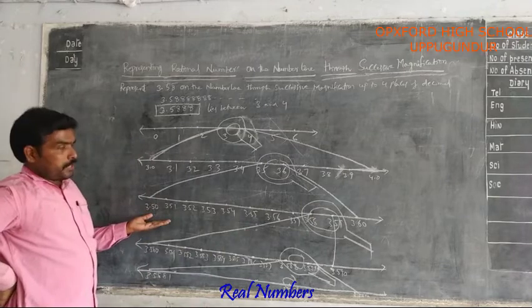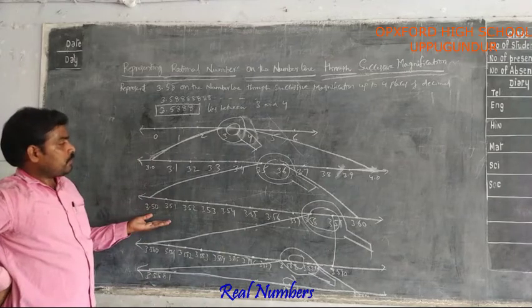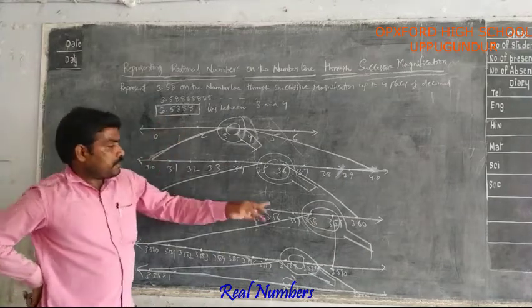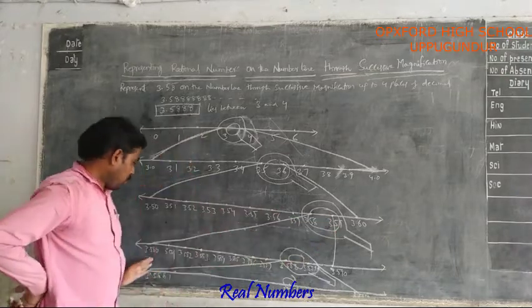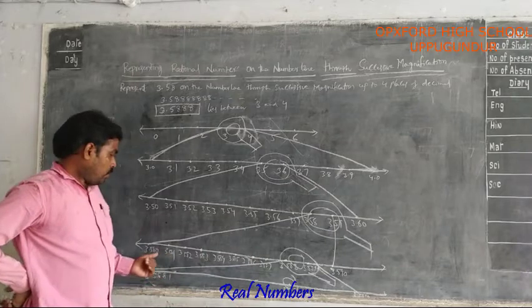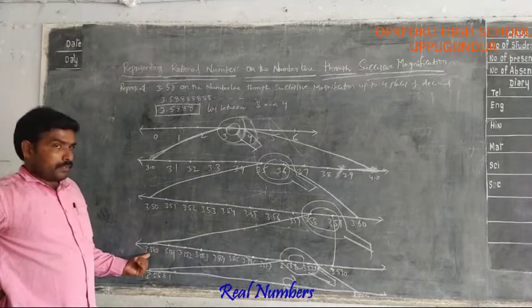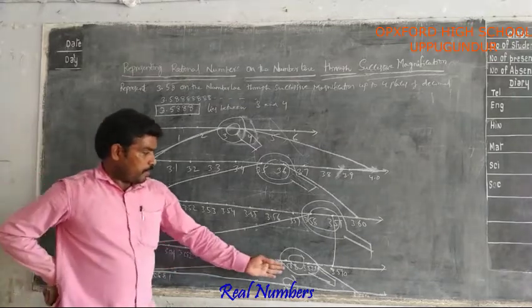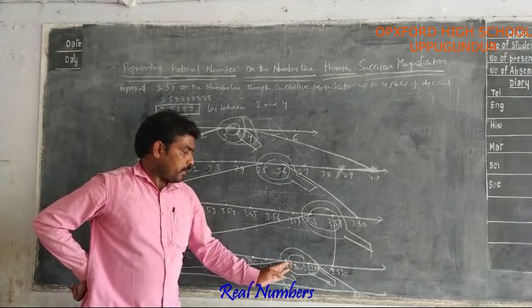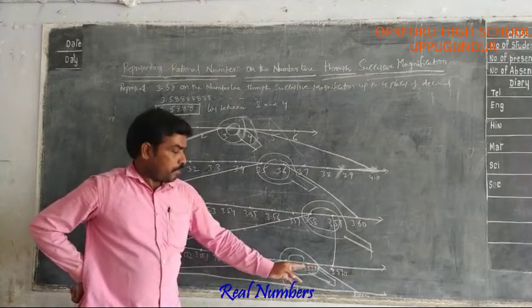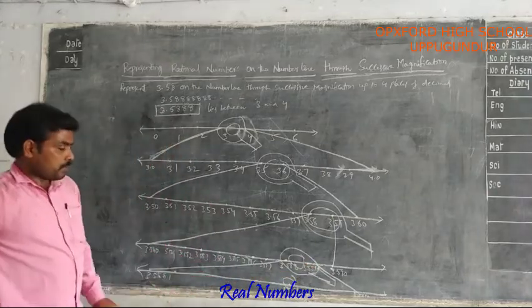Then this value lies between 3.58 and 3.59. Again we divide this into 10 equal parts. Now this value lies between 3.588 and 3.589, and again we divide that interval into 10 equal parts.